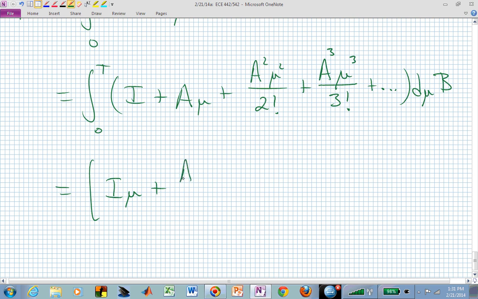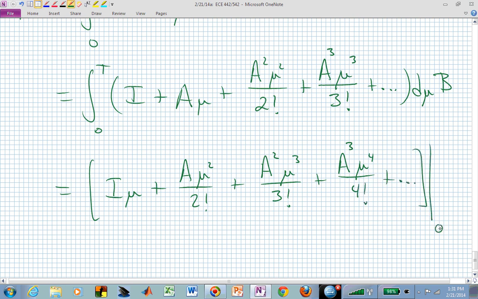We now have A times mu squared over 2 factorial, or 2, plus A squared mu cubed over 3 factorial. Just one more time, we have A cubed mu to the 4th over 4 factorial. All of that now needs to be evaluated at the lower and upper limit before we multiply on the right by the input matrix B.